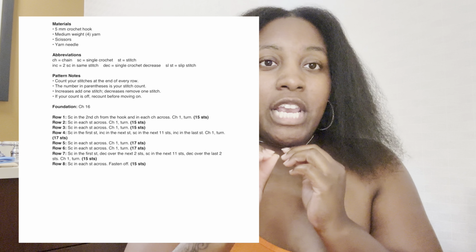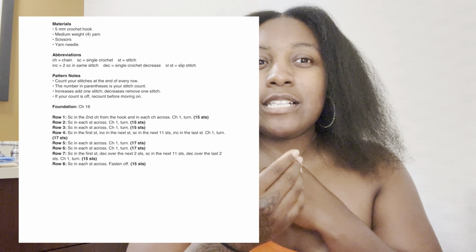Right under the abbreviations, in my patterns, would be notes. In my notes I just put things that are not obvious, but obvious, you know. For example, I'll put something like, work in a continuous round, don't chain.